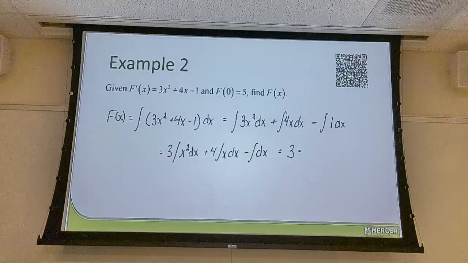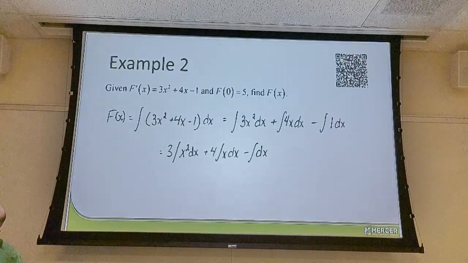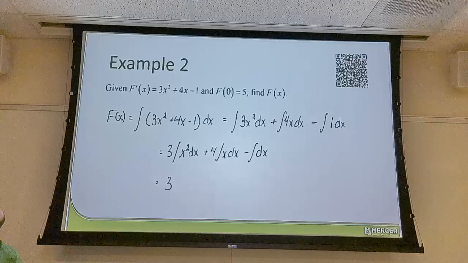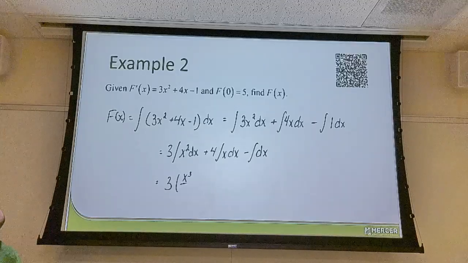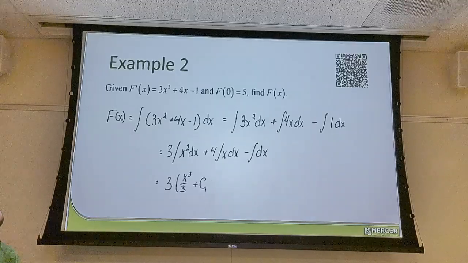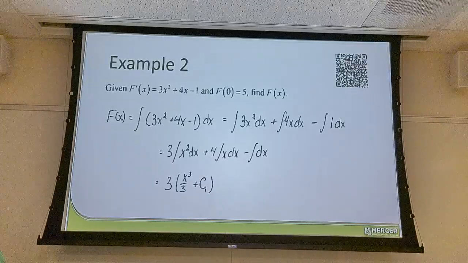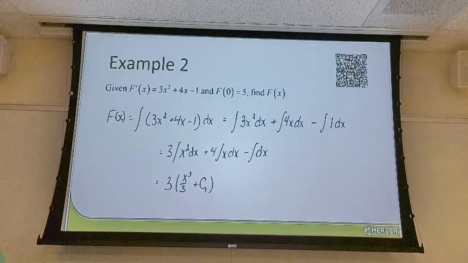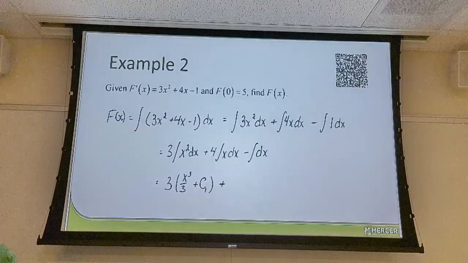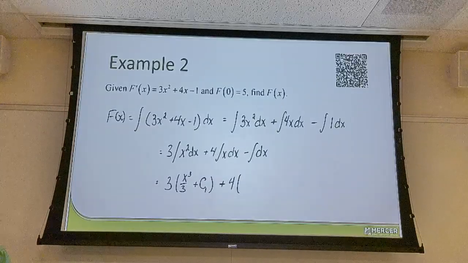What are you missing? Let's see. I'm going to call it C1. I'm going to show you why I just wait to the very end. What is the antiderivative of x?